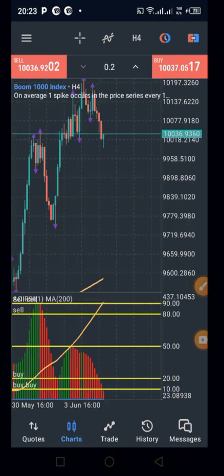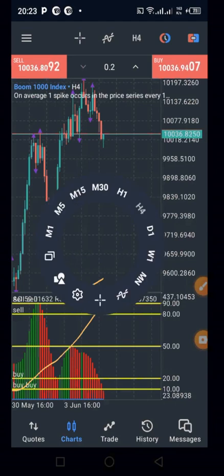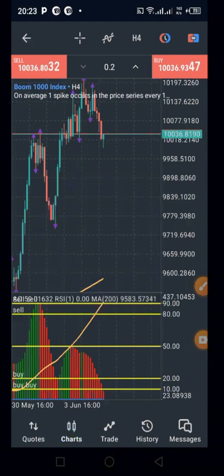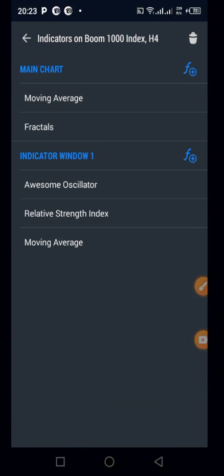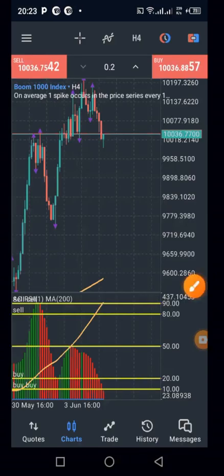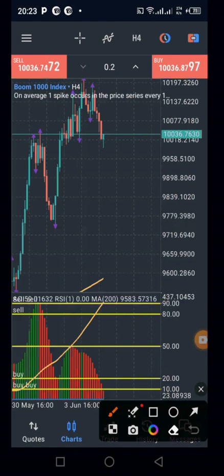Now I want to remove these indicators because they were just set. When I press here on this sign, this is where you go if you want to set indicators.